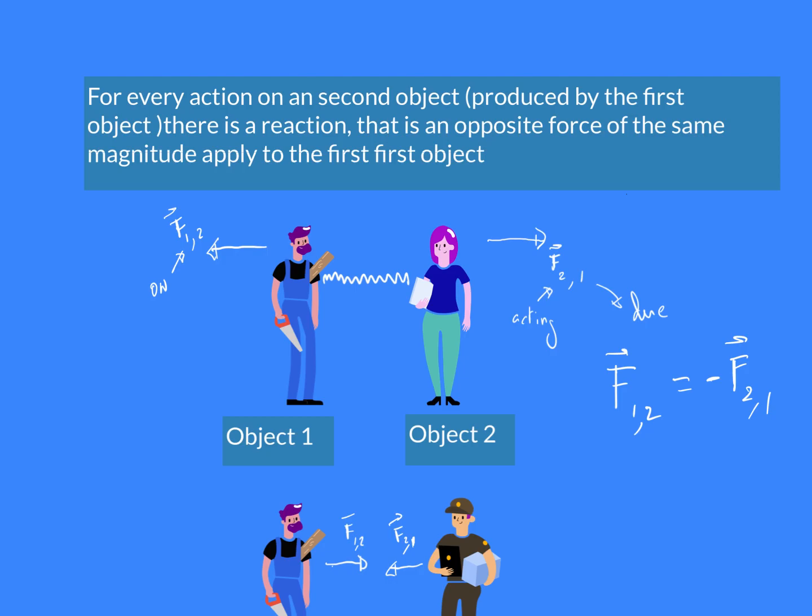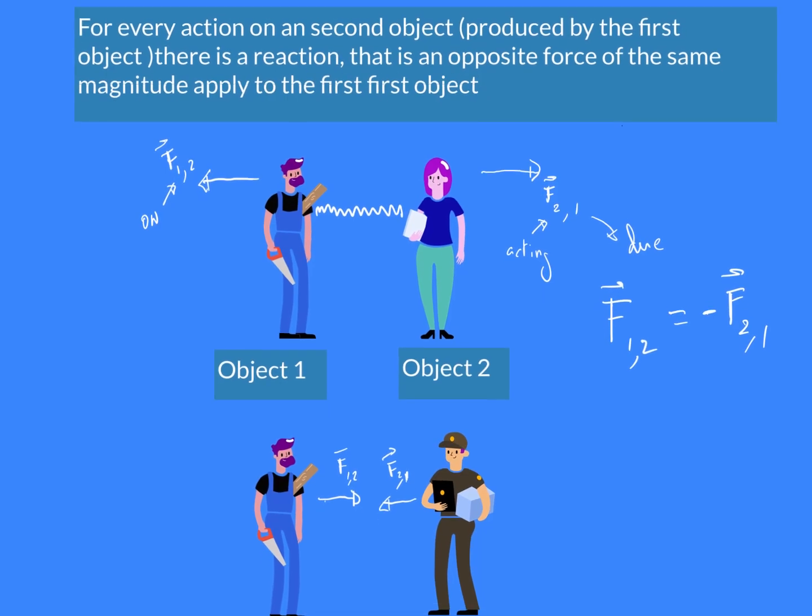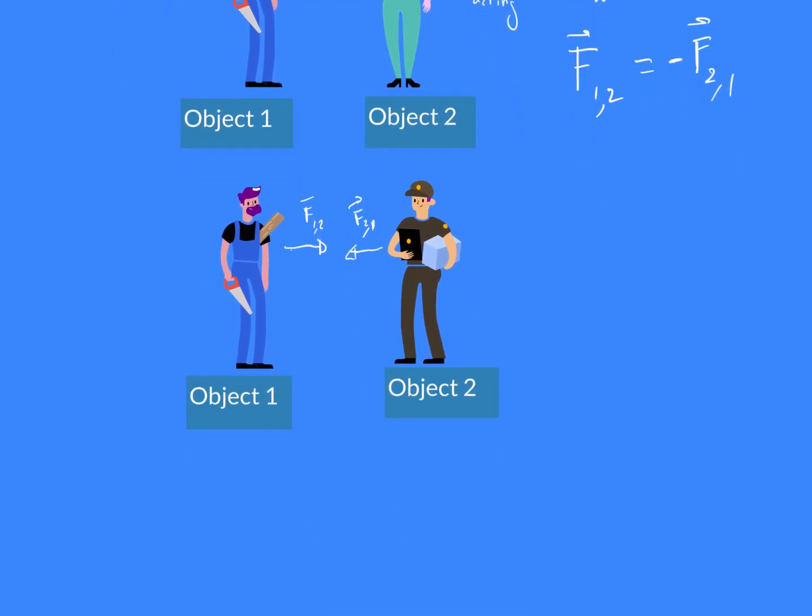This force doesn't have to be repulsive, it can be attraction. In this case, the equation that will take place is the same equation. The force acting on 1 due to 2 is to the right.